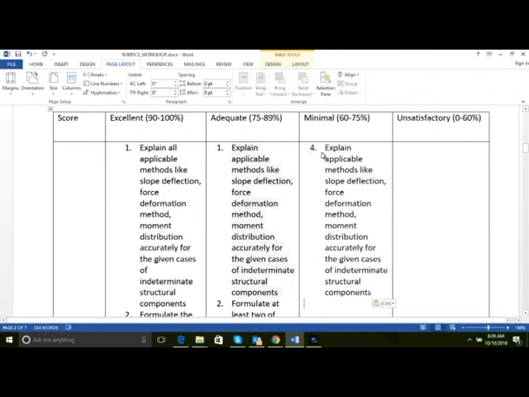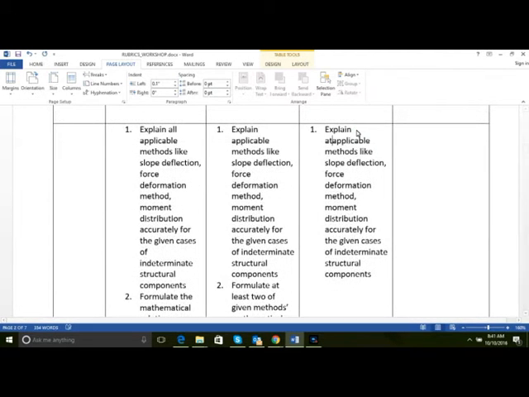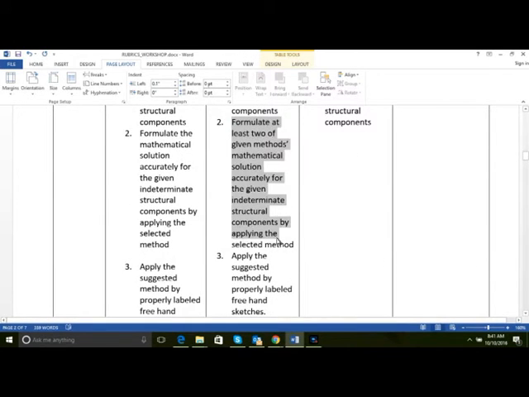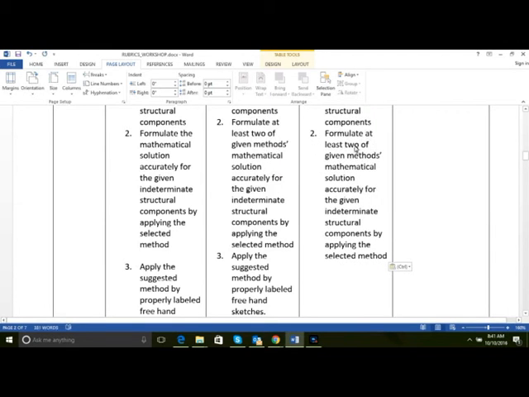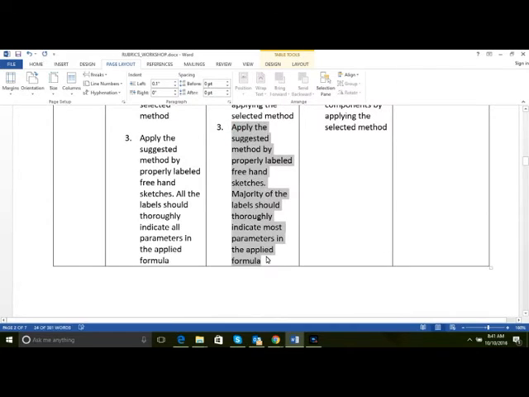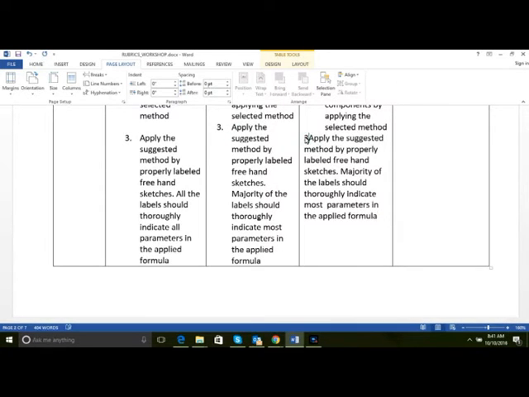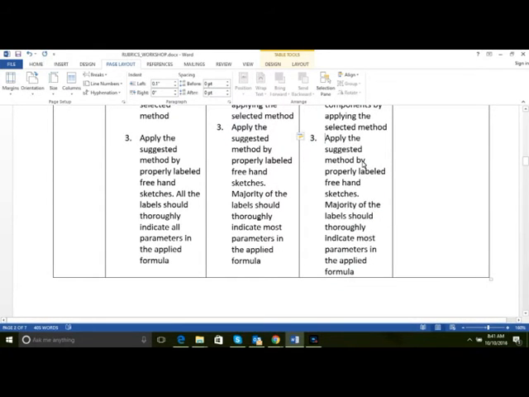Now let's take a look at the minimal category. The first step is explain any one of the applicable methods. The second step of student learning activity would be formulate at least one of the given methods' mathematical solution accurately. And the third would be apply the suggested method by properly labeled freehand sketches.